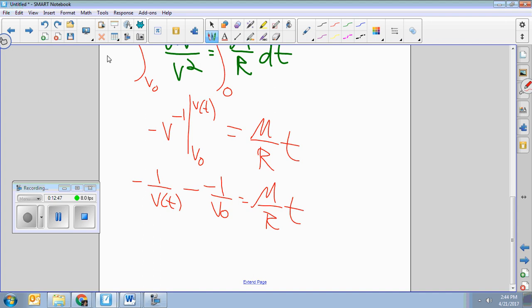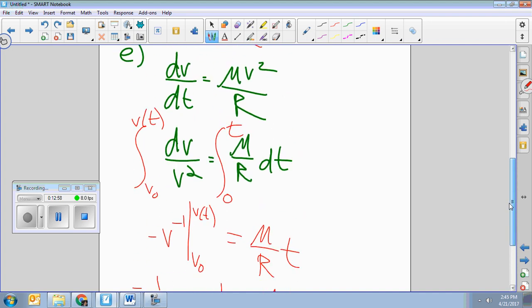Do I need to go through the algebra, or is that good up to there? So to me, this, oops. Oh my gosh, this smartboard is going to be my death. That's the tricky part. Replacing the acceleration with dv dt so that you get the variable that you're looking for, in this case t. Cool?